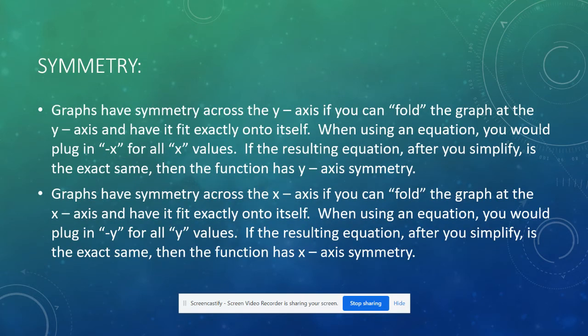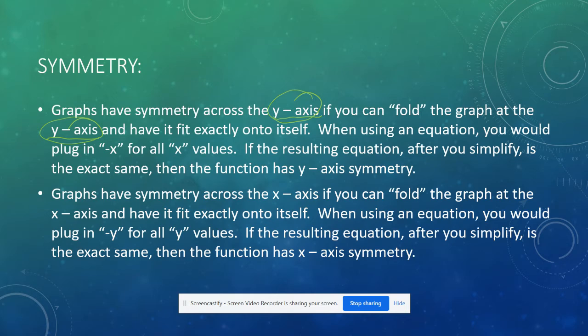Symmetry. Graphs can have symmetry across the x-axis if you can fold the graph at the y-axis. Sorry, I said x, and I'm looking at y. They have symmetry across the y-axis if you can fold the graph at the y-axis and have it fit exactly onto itself.